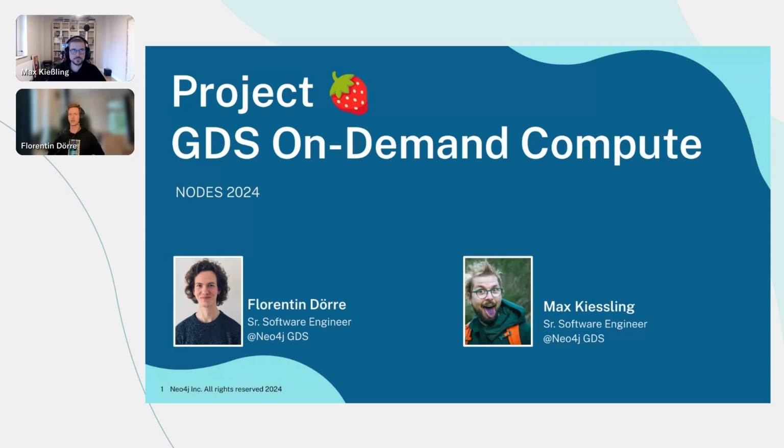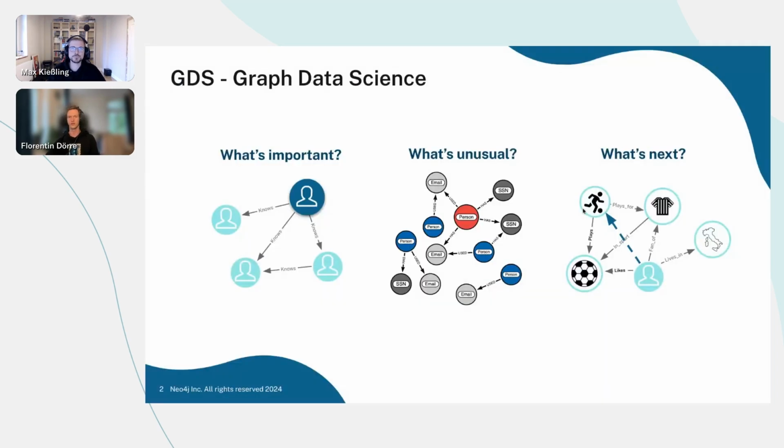But before we start talking about actual Project Strawberry, let's give you a short recap of what we actually mean with graph data science. So I brought here a couple of use cases which we associate with graph data science. So for one, you can think of, you have a social network and want to find out what are central persons in the network. For instance, who should you influence to sell more strawberries in general?